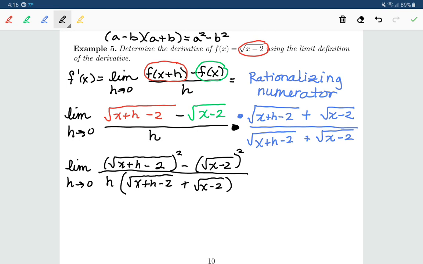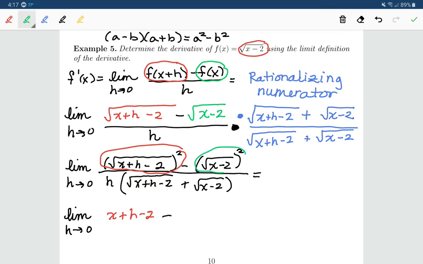Now we have a lot of work to do before we can take this limit, so let's simplify this by using our algebraic properties. We know the square root of anything squared is just itself. So from here, we'll just get x plus h minus 2. We'll have a minus from the formula.